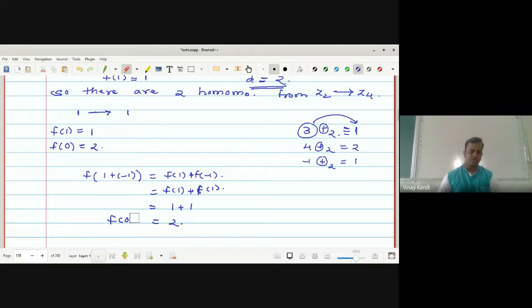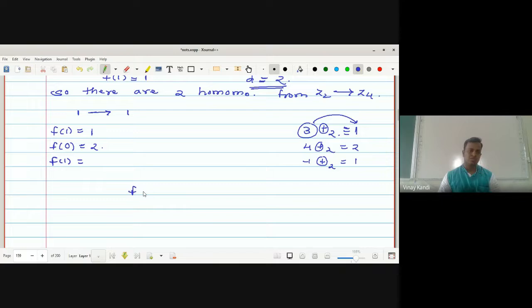Similarly, now I have to find the value of f of 1 again. f of 1 is equivalent to 3, which is equal to f of 1 plus 1 plus 1.